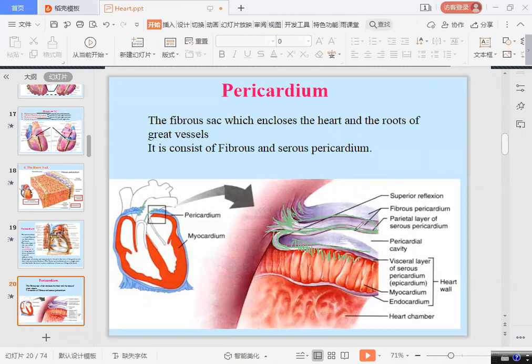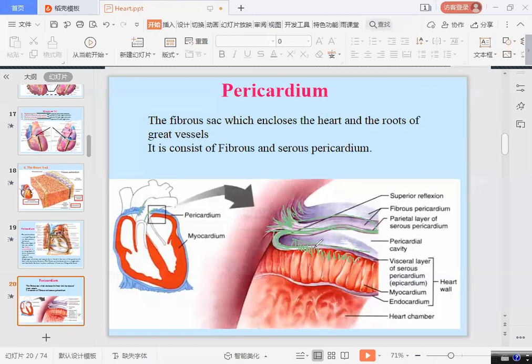At the great vessels, this parietal pericardium reflects, and it makes a second layer that is known as the visceral pericardium.